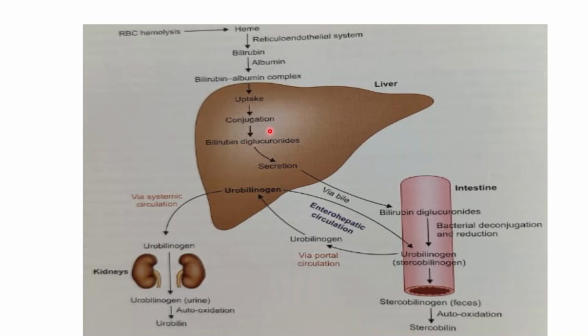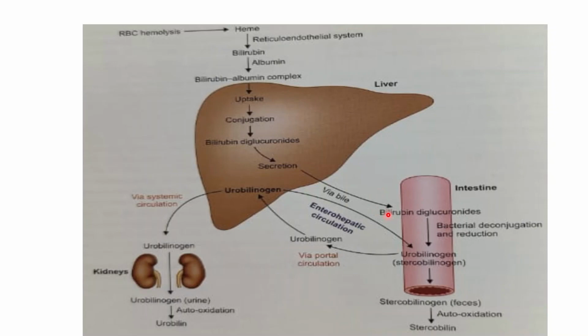This bilirubin diglucuronide is basically the conjugated bilirubin. It is non-toxic, and this conjugated bilirubin reaches the intestine through the bile.